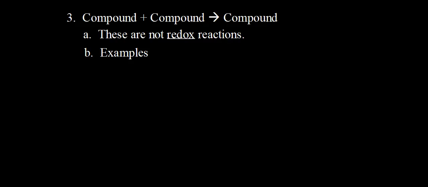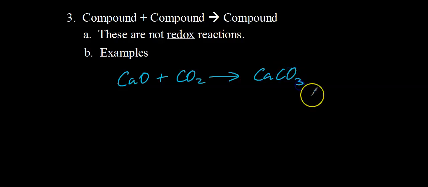Here's a common one that you might see. Metal oxides, like calcium oxide in this example, react with carbon dioxide to produce the metal carbonate. And everything is already balanced.